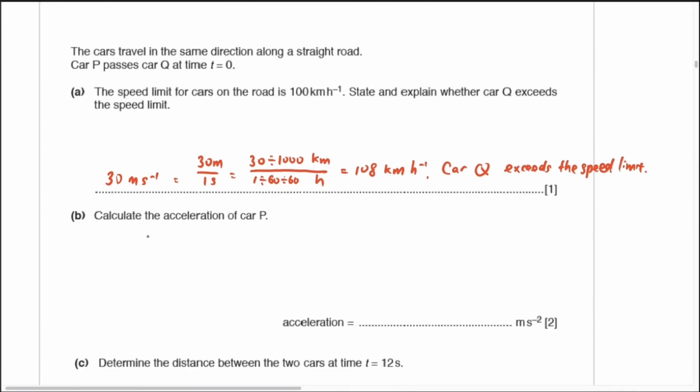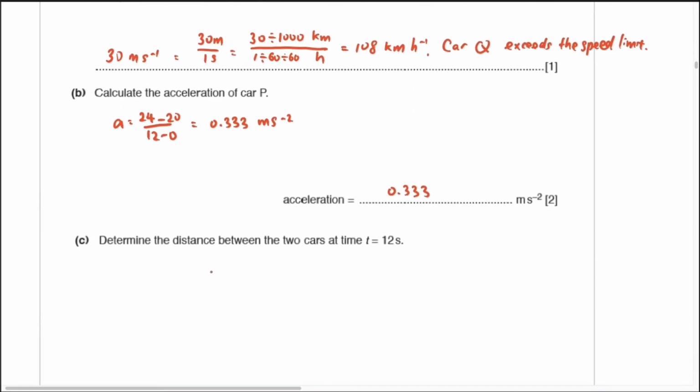There's the gradient formula. So we calculate it here: 24 minus 20, 12 minus 0. So we calculate this, we get 0.333 m/s². Okay, so we get this.